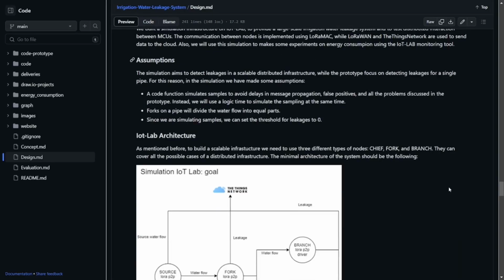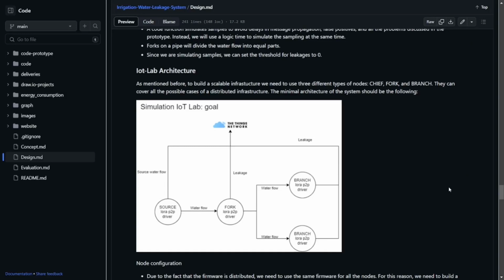Finally, we build a simulation infrastructure on IoT Lab to provide a large-scale irrigation water leakage system and to test distributed interaction between nodes. Also, we will use this simulation to make some experiments on energy consumption using the IoT Lab monitoring tools.